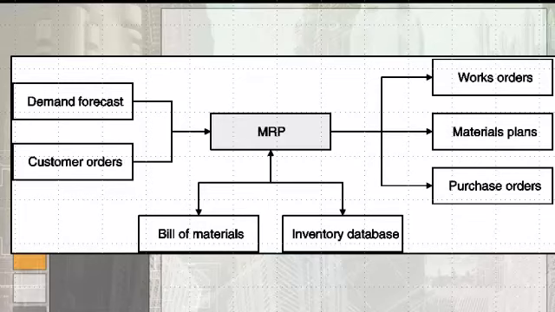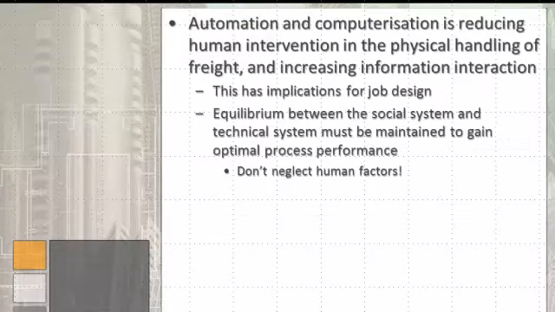That then continues on into this new phenomenon which has been occurring for the last 20 years or so. Automation and computerization of the process means you need fewer human beings. And so because computers are doing more of the job, or at least they're telling us how much we should produce or move at any one time, that's going to affect the type of jobs we have in the supply chain.